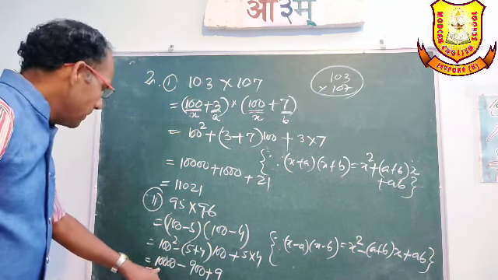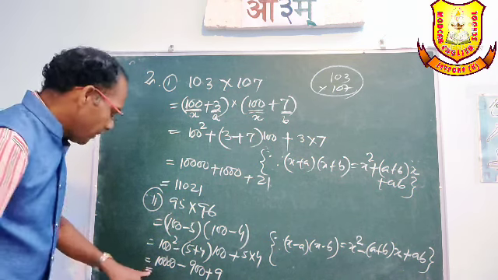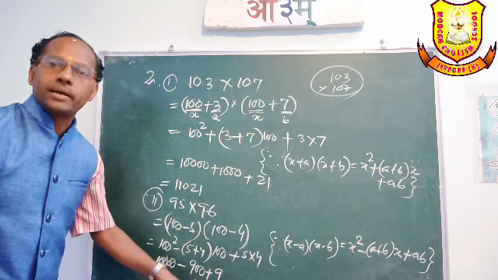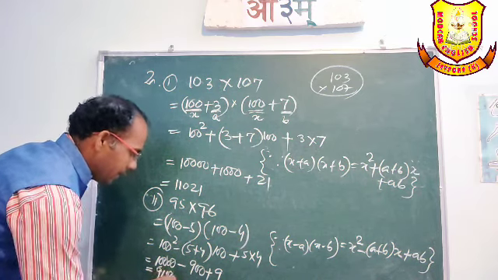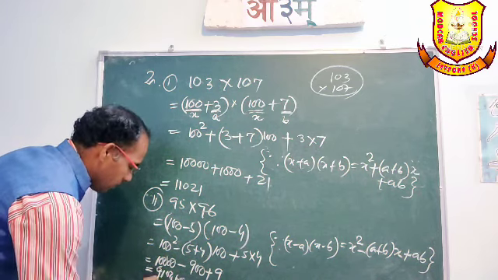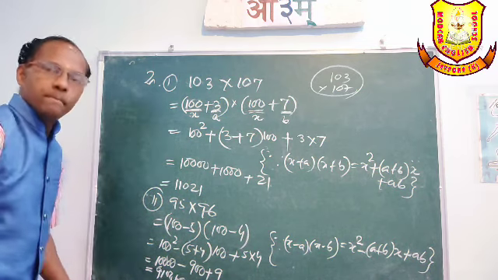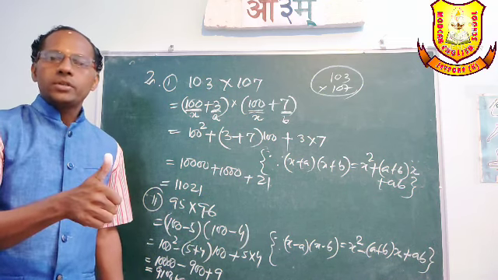So it will be 9,100. Yes or no? From 10,000, 900 will be subtracted, so it will be 9,100 plus 9, that is equal to 9,109. Clear? Everybody understood?